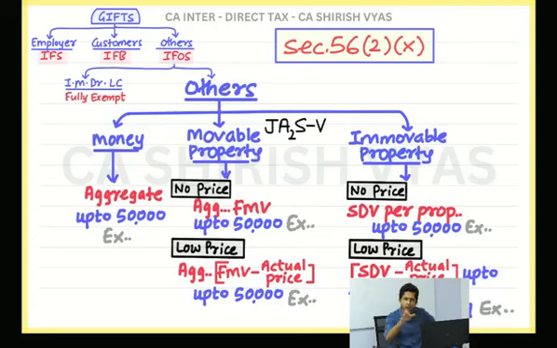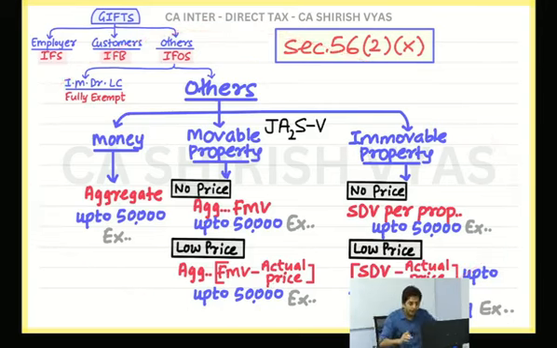In case you forget this section it's okay, but at least don't forget the section numbers. All sections are very important; if you don't write them, they will definitely cut marks. But as far as possible try to remember this also: 56(2)(x). This whole chart is 56(2)(x).